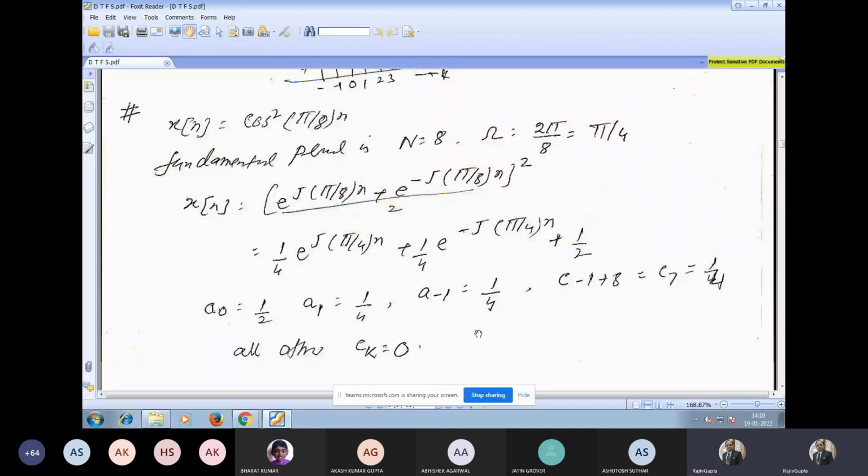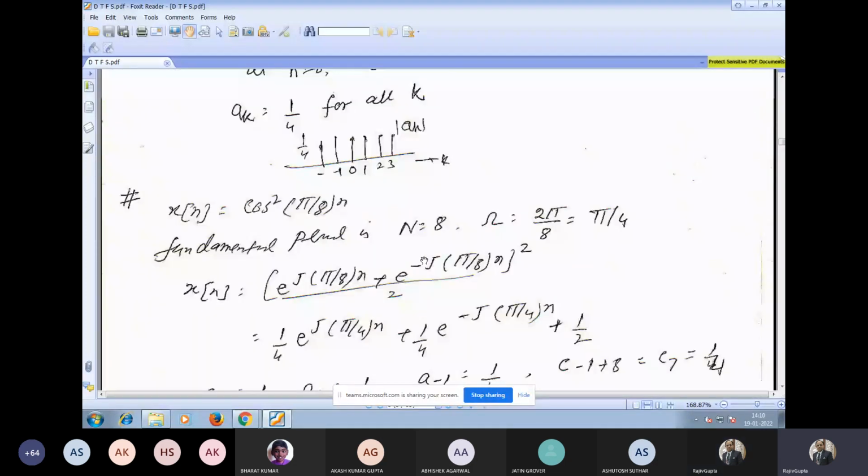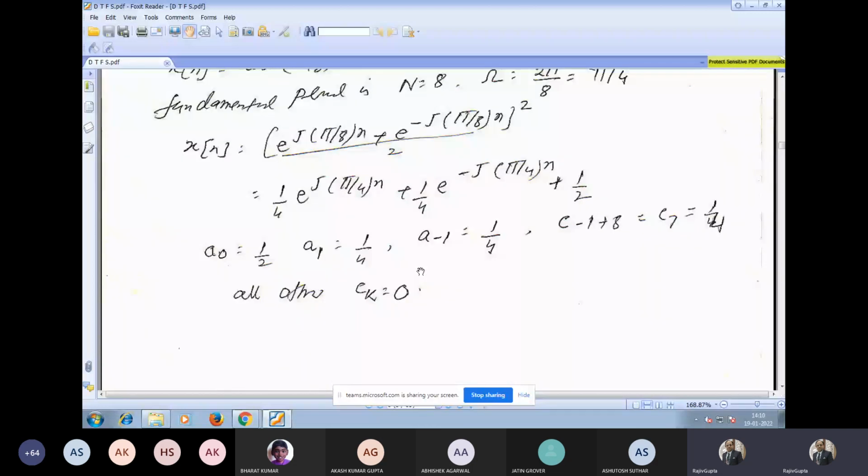So these are the Fourier series coefficients which are capable of representing your original signal. Now there were a few numericals that I already discussed, where by direct comparison of your original equations, you can find the different Fourier series coefficients.